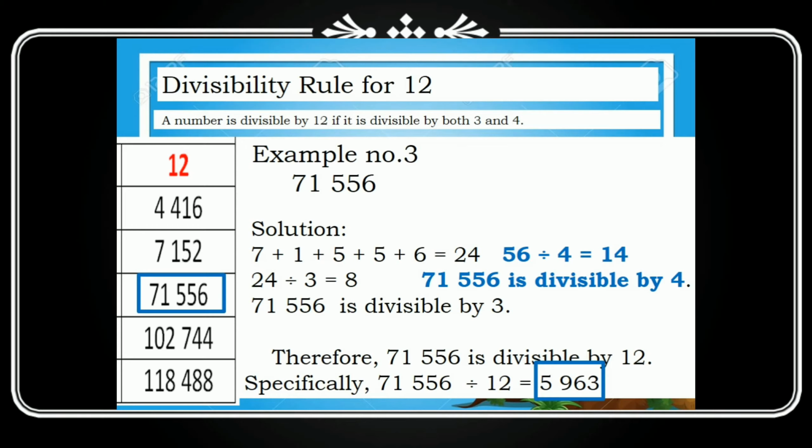The last two digits, 56 divided by 4 is equal to 14. 71,556 is divisible by 4. Therefore, 71,556 is divisible by 12. 71,556 divided by 12 is equal to 5,963.